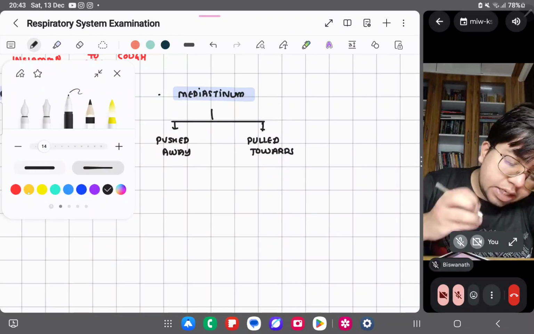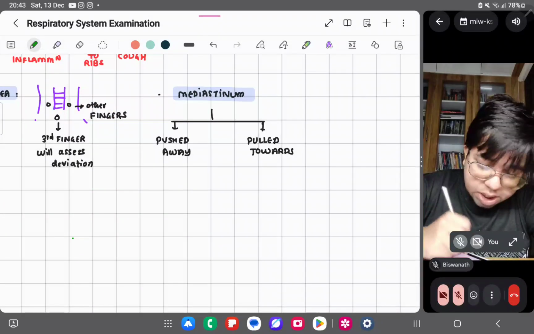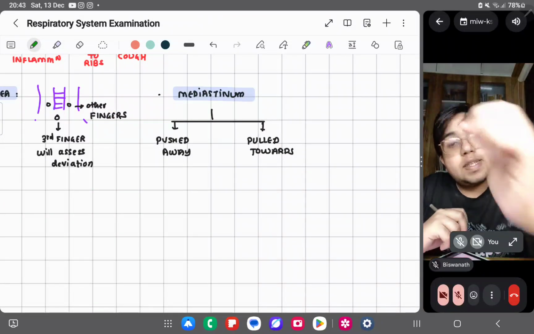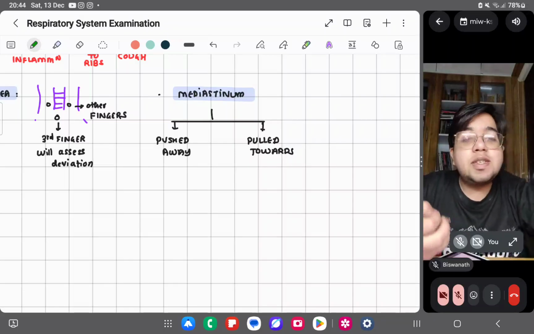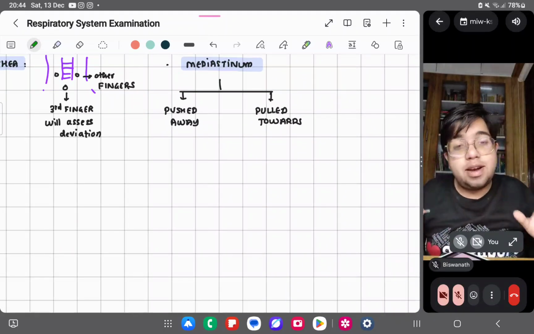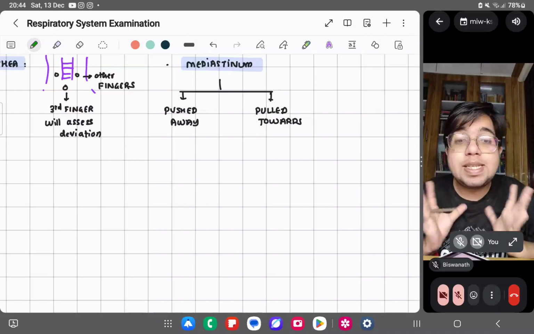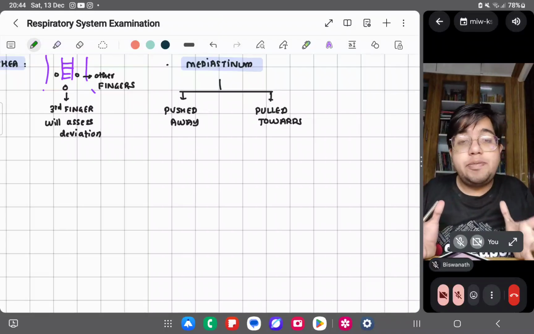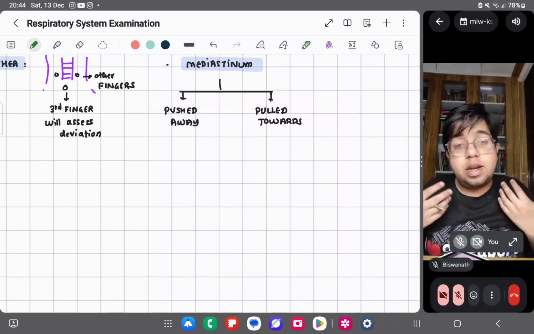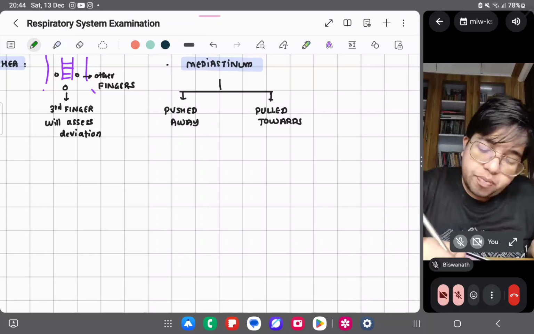If the mediastinum is pushed away, what can you suspect? You can suspect pleural effusion, you can suspect pneumothorax, because the lungs are expanding. In pleural effusion, there's effusion there. Pneumothorax, the lungs are expanding, right? So, pleural effusion.